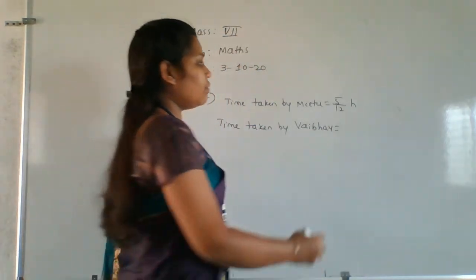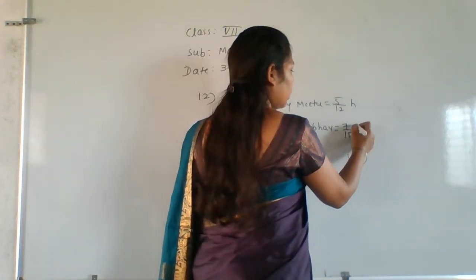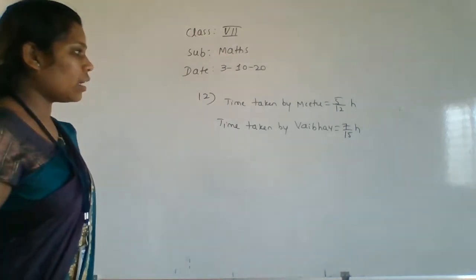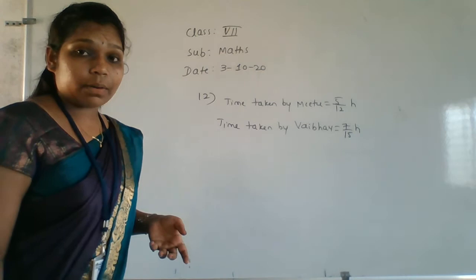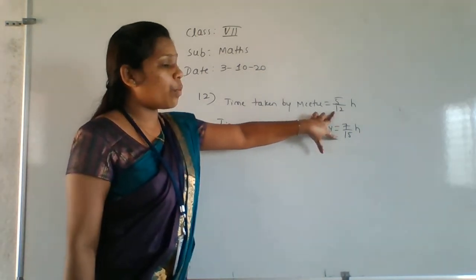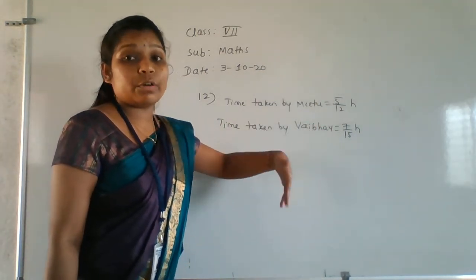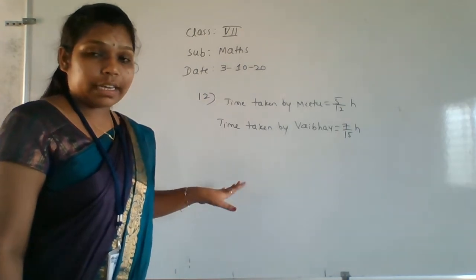That is 7 by 15 hours. So here they are asking who took more time. When we convert the denominators to the same value, then only we will come to know who is greater and who is taking a smaller time.